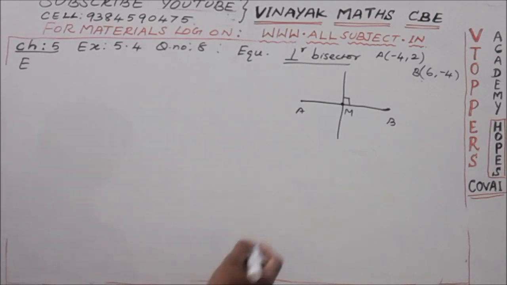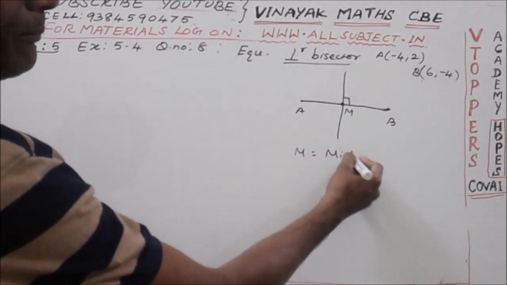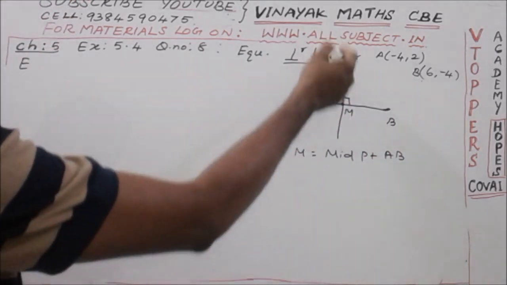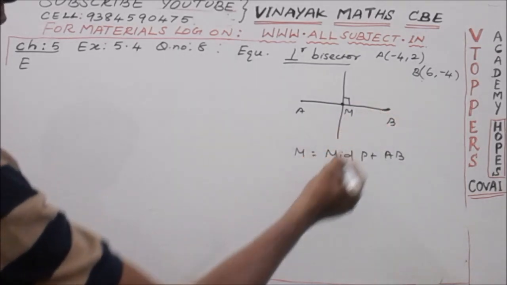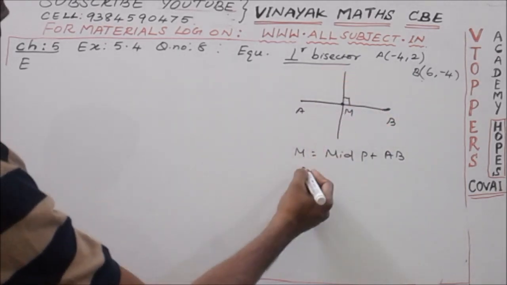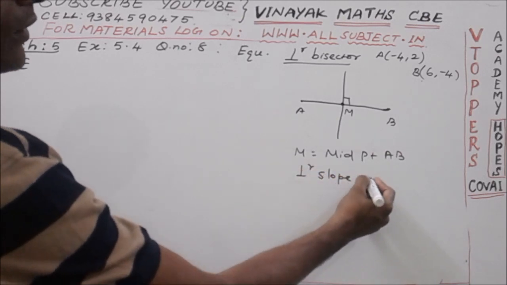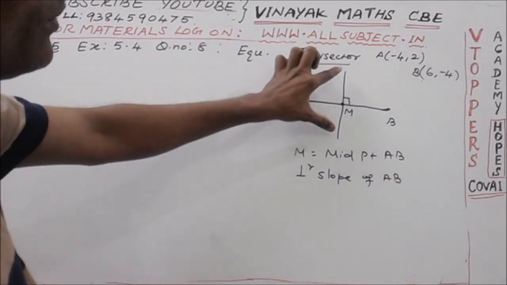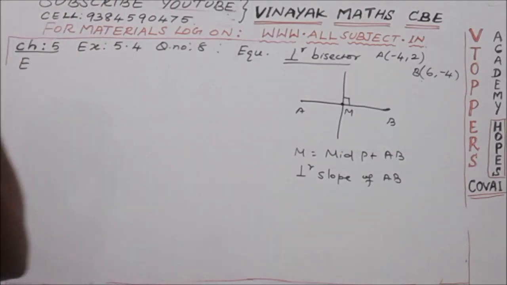So we should find two things here. One, M equal to the midpoint of AB, because the bisector passes through the midpoint of AB, and the perpendicular slope of AB, because the perpendicular bisector's slope is perpendicular to AB.